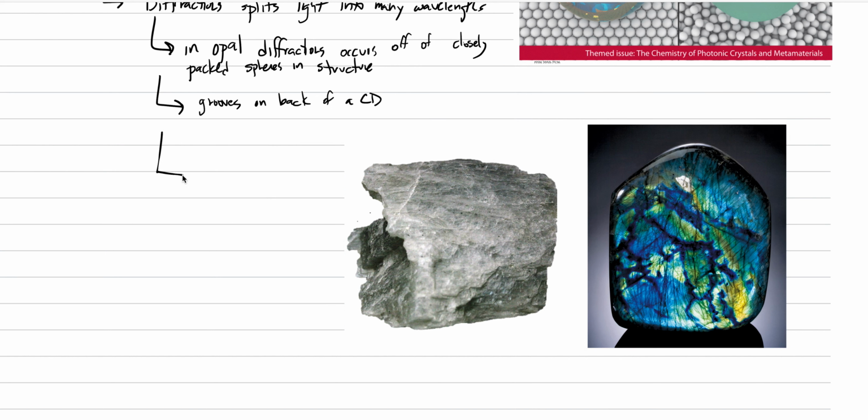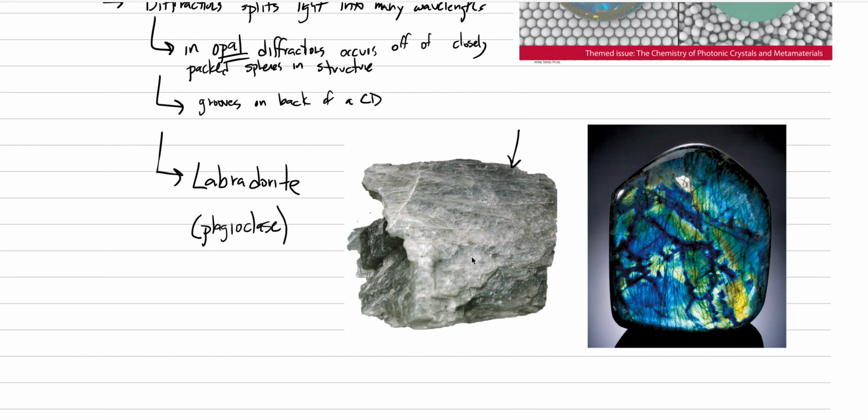So opal is one type of rock, and then another is called labradorite, which is a type of plagioclase feldspar. And plagioclase is a very common type of mineral, and maybe you've seen this even in kitchen countertops. We will take a rock, hold it up to the light, and we see nothing.